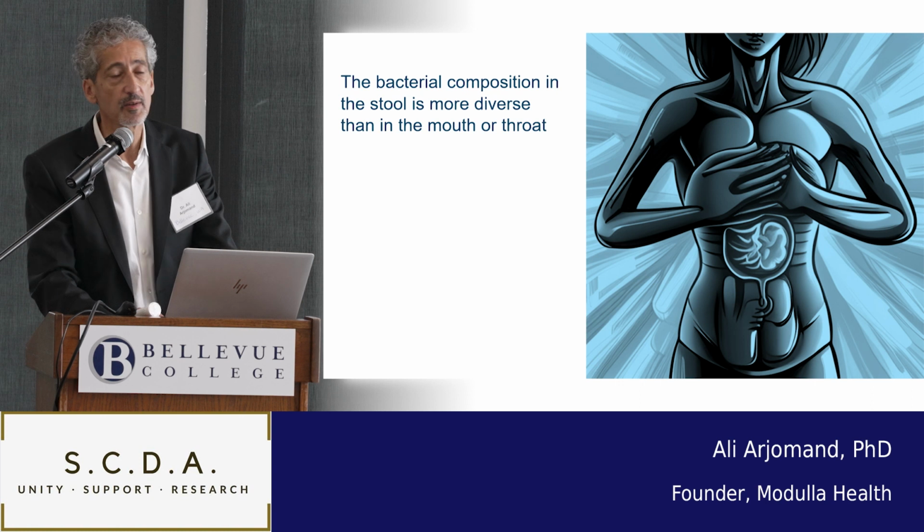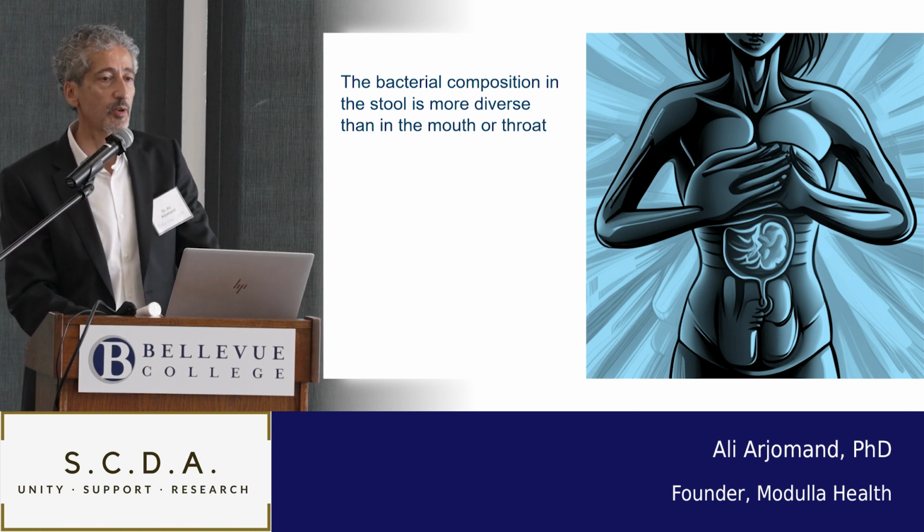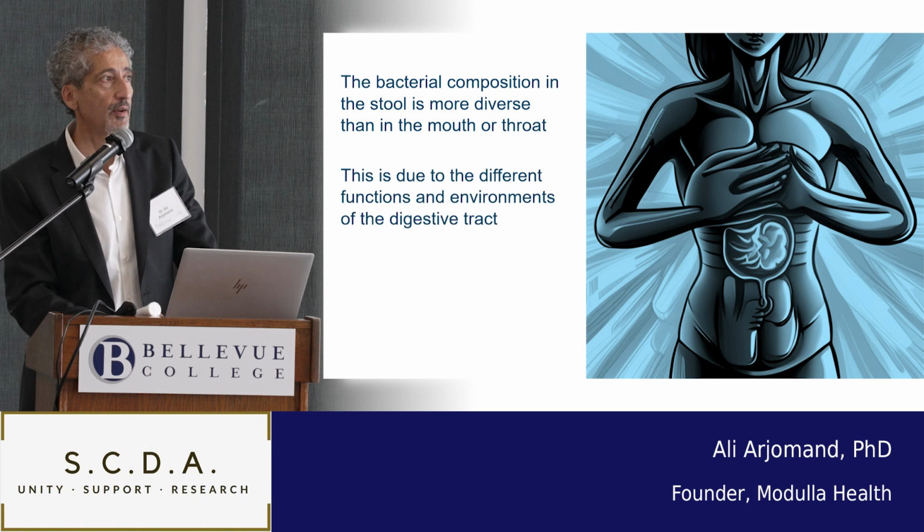That stool is quite a bit more diverse than the microbial community found in the mouth or in the throat. Again, this is due to different functions and environments of the digestive tract. So inside the lower gut, there are incentives to have a much broader, diverse community.